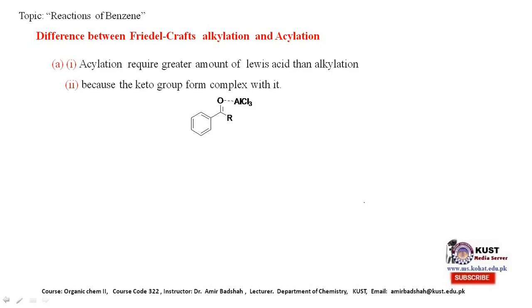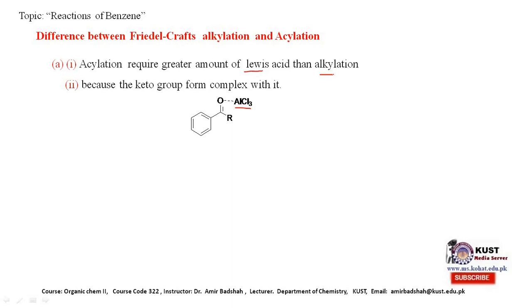Now, what is the difference between alkylation and acylation reactions? Mostly both of them require a Lewis acid, which is aluminium chloride, but for the acylation reaction, the amount of Lewis acid is comparatively more than for alkylation. Why is it so?